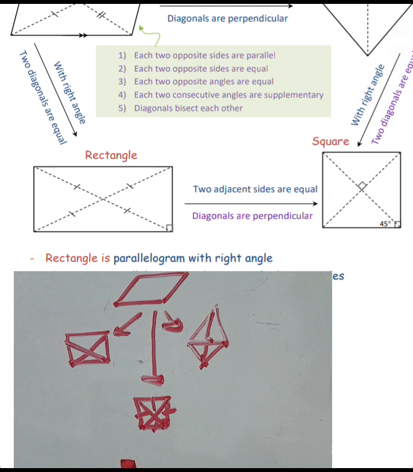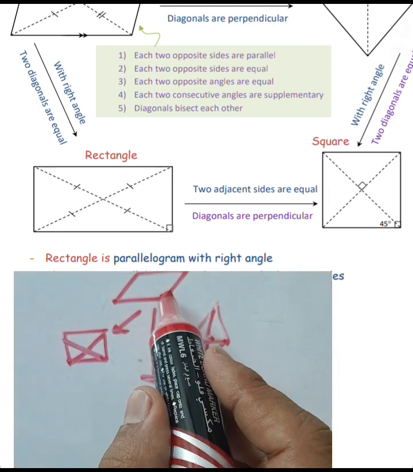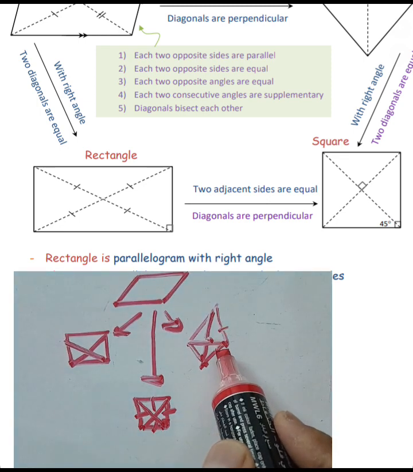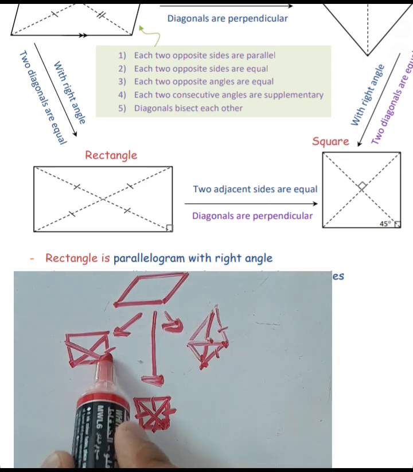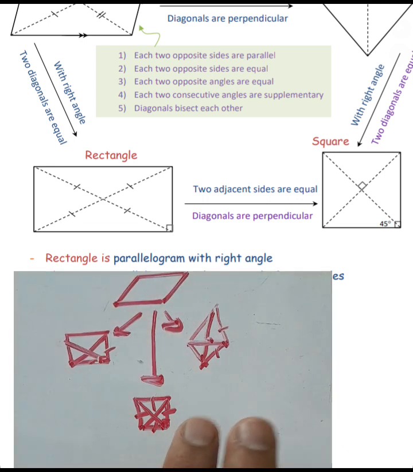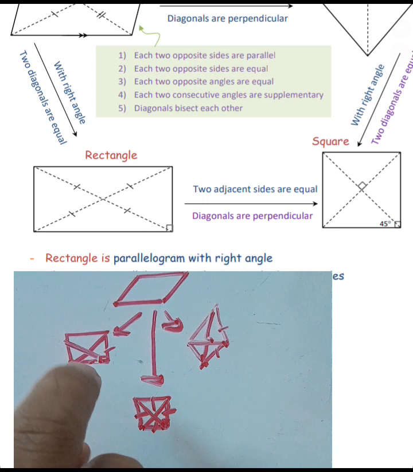Okay, then the square is a parallelogram in which two adjacent sides are equal lengths and the measure of each angle is 90 degrees. We have two definitions of square: the definition of rhombus and the definition of rectangle.